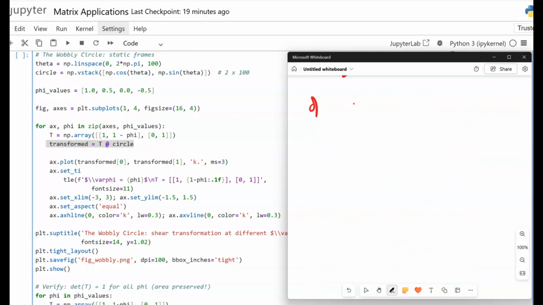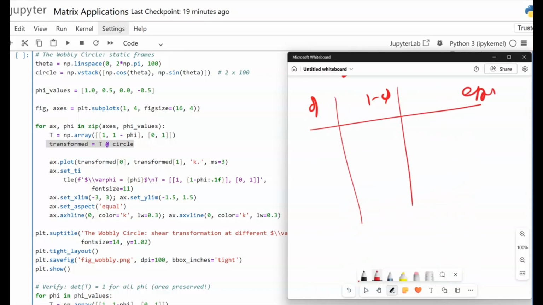If here I have pi and this is 1 minus pi, what happens when this is affected? In such a case, if pi is 1 and 1 minus pi is 0, no shear would be done and it is a perfect circle.